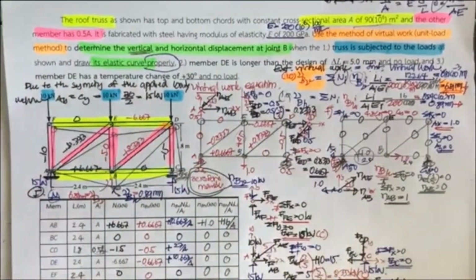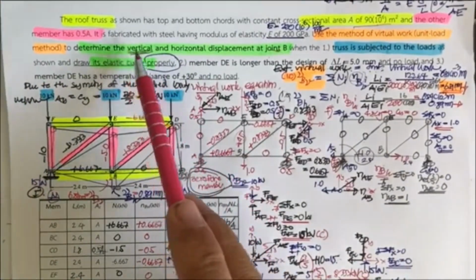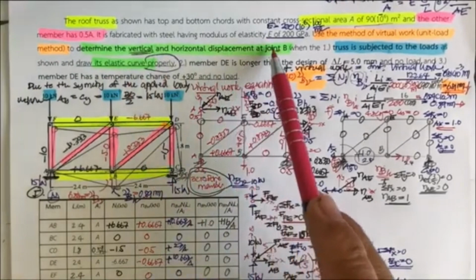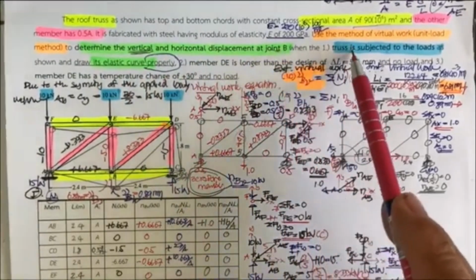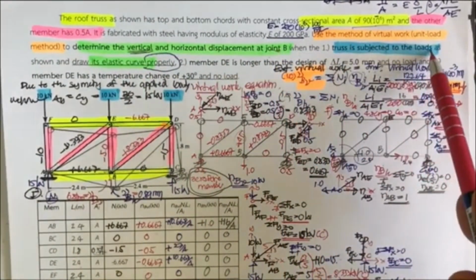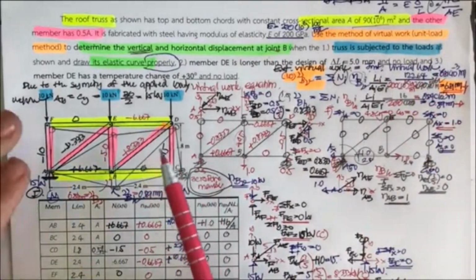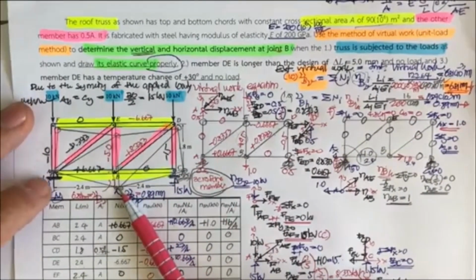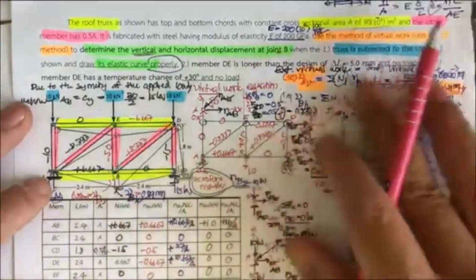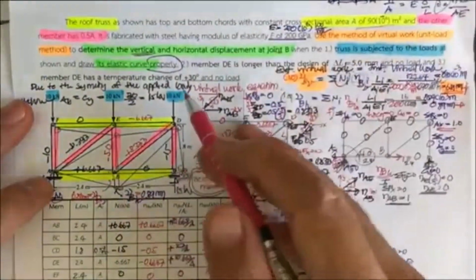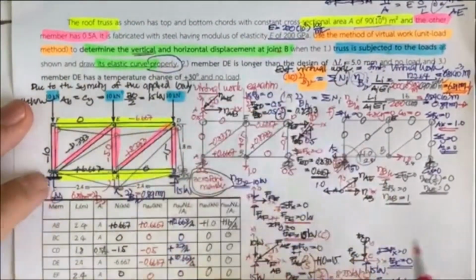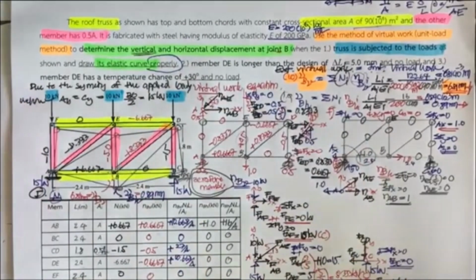So that is going to be the vertical and horizontal displacement at B when the truss is subjected to the load shown, and this elastic curve is drawn properly.